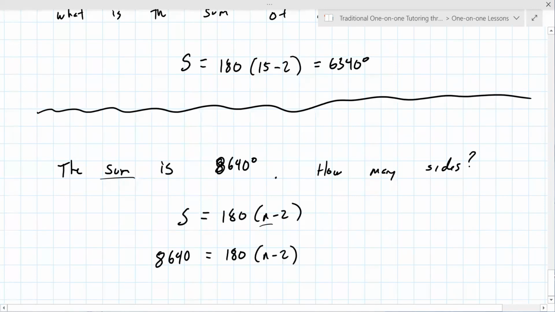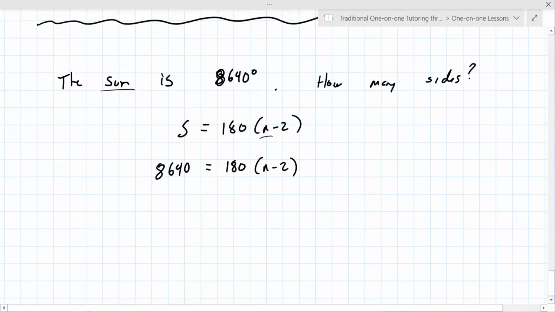Okay, so do you recall how to solve this for n? Solve an equation like this? Okay. So let's first divide both sides by 180. Grab a calculator. What is 8,640 divided by 180? 48.